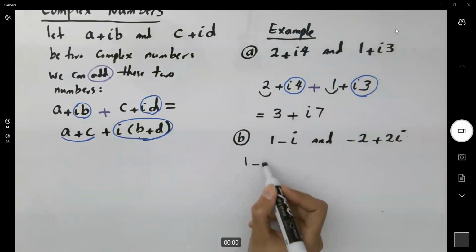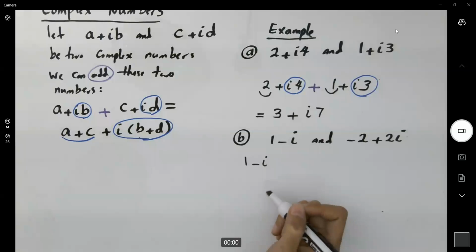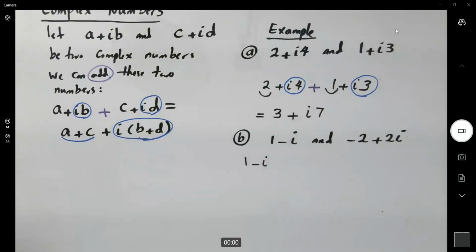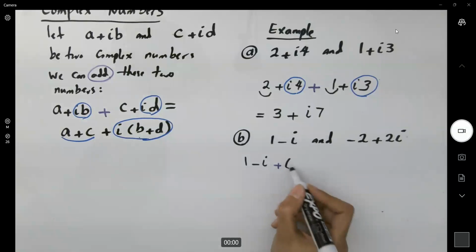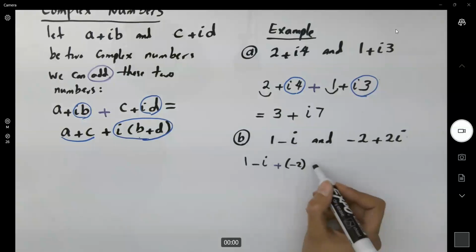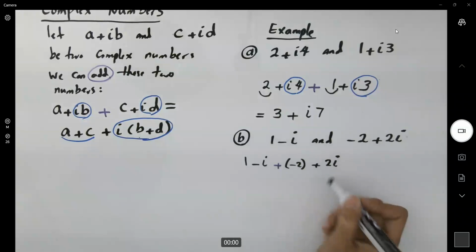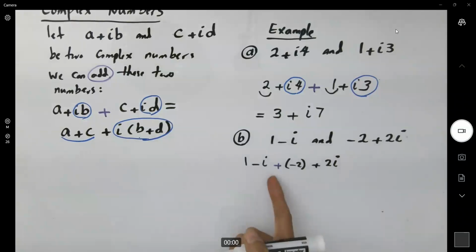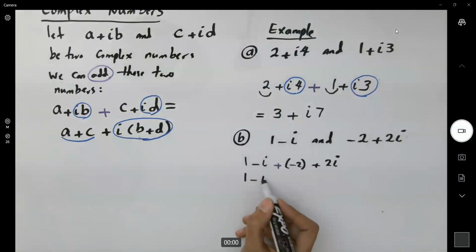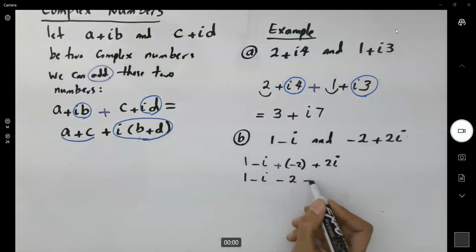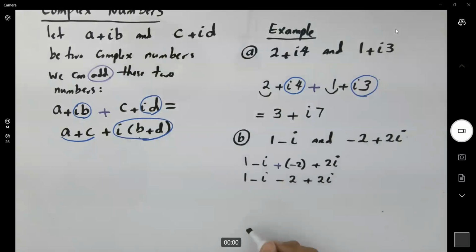It means that I have 1 minus I, copy down the first number, plus copy down the second number. Negative 2, so let's put it in parentheses, plus 2I. Okay, but we already know that plus minus is just a negative. 1 minus I minus 2 plus 2I. Okay, it's the same as before.